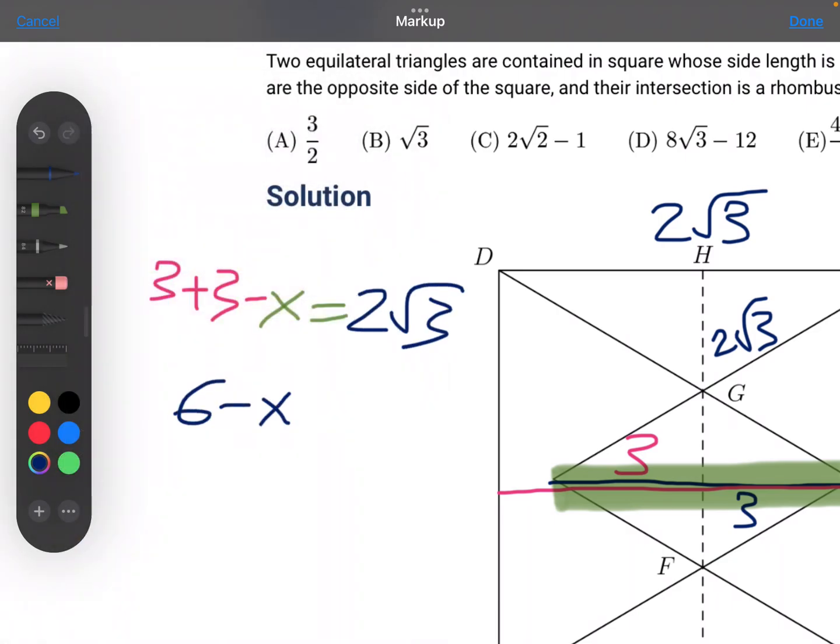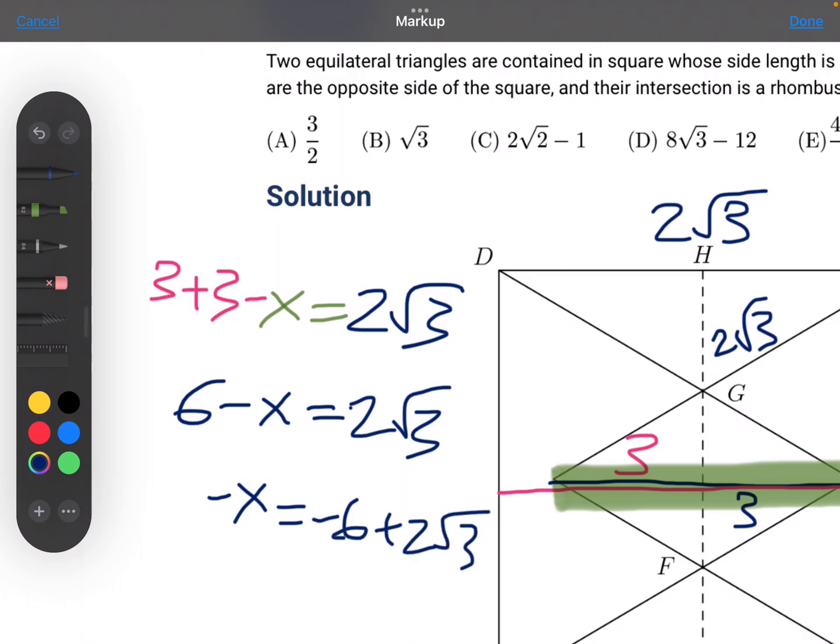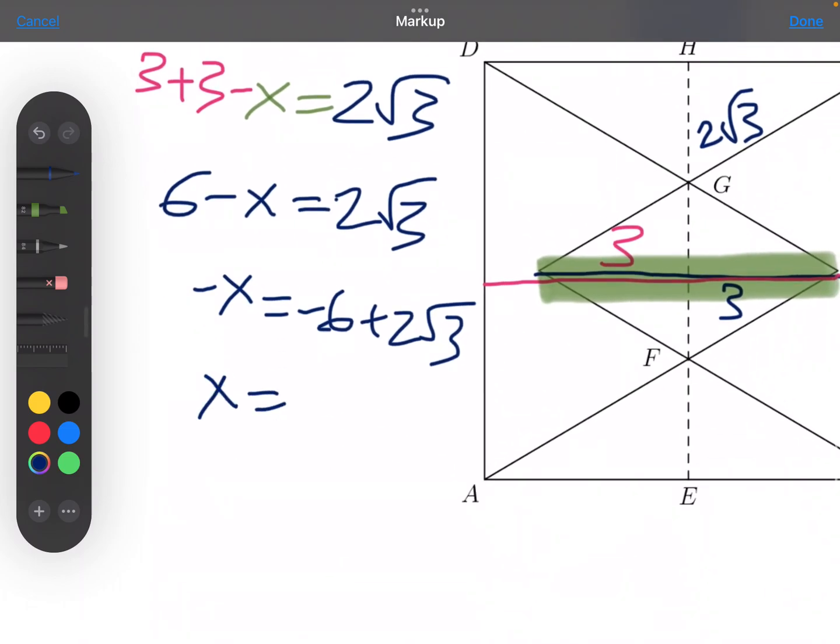And now with some simple algebra, we can make easy work of this. So negative x, negative 6, 2 root 3, and then we negate everything. So we'll end up with that.